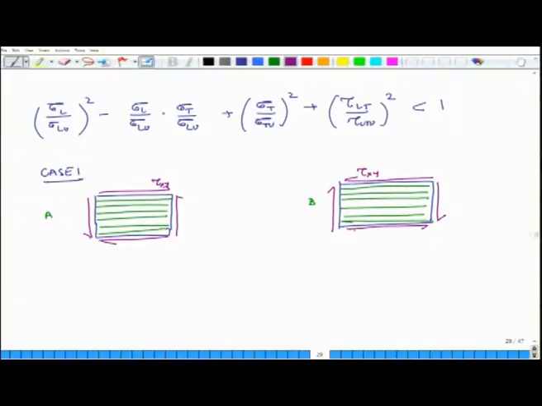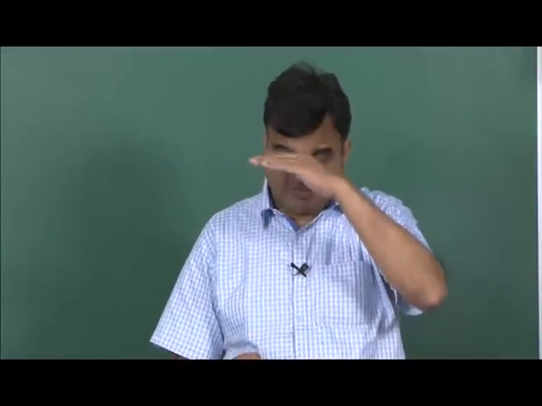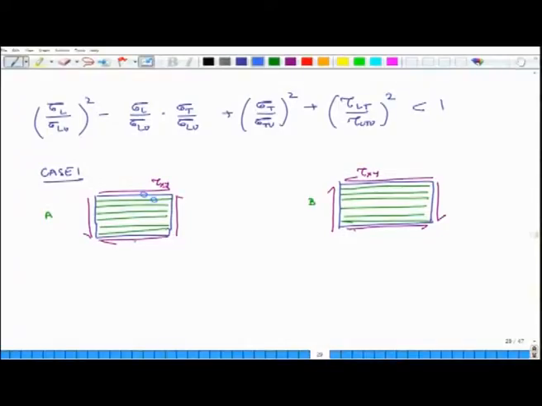Physically, what is the shear stress trying to do? The shear stress on the top surface is trying to move the top layer with respect to the layer just below it. The same thing is happening in the other situation.